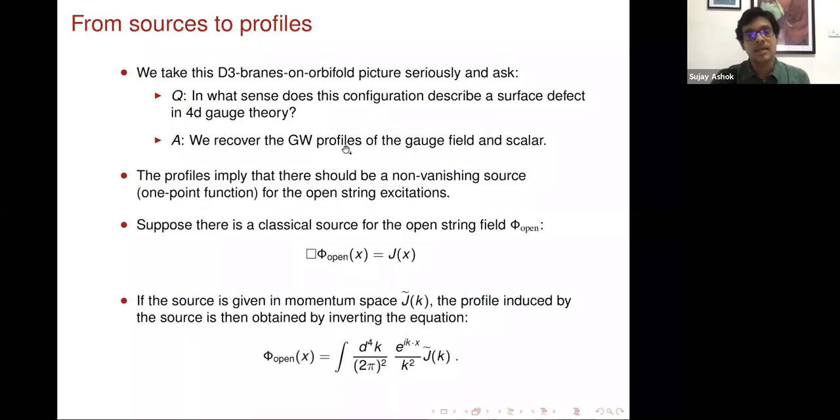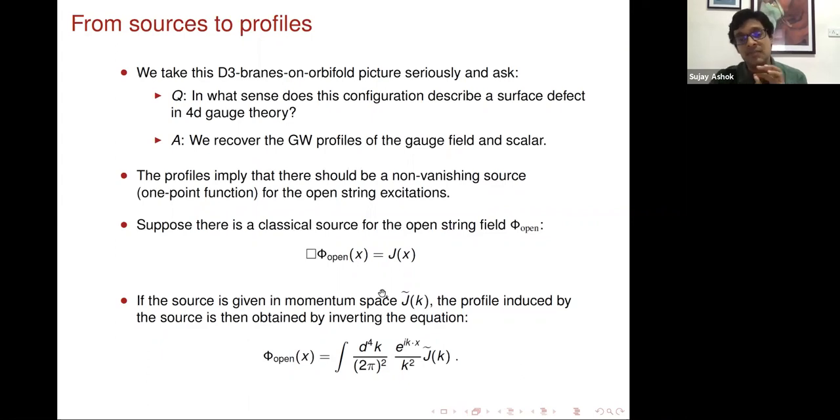Okay. So these profiles for the gauge field and for the open string fields indicate that there should be some source or one-point function for these open string fields. Let me try to explain this point, because it is going to be central to what we do later. Suppose there was a classical source for the open string field that I denote by phi open generically.